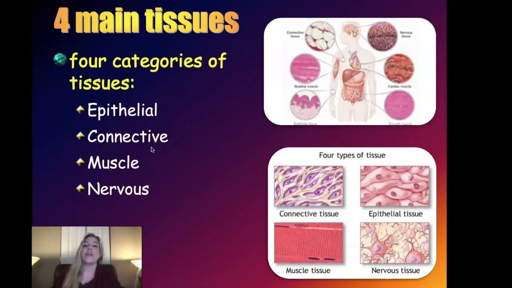These are epithelial tissue, connective tissue, muscle tissue, and nervous tissue. Epithelial tissue is what we're going to spend the most time on because it has so many different subcategories, and it also is found in so many different places in the body, from the covering of something like the inside of your cheek to the coverings of organs. It comes in many shapes and sizes.